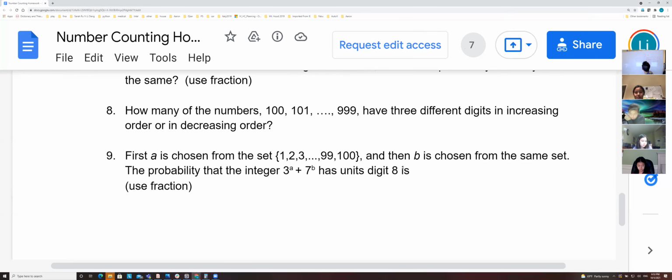Therefore, there are 4 times 4 equals 16 possible pairs of unit digits. However, only 3 of those pairs, 1 and 7, 7 and 1, and 9 and 9, will have a unit digit of 8. So therefore, the answer is 3 divided by 16.